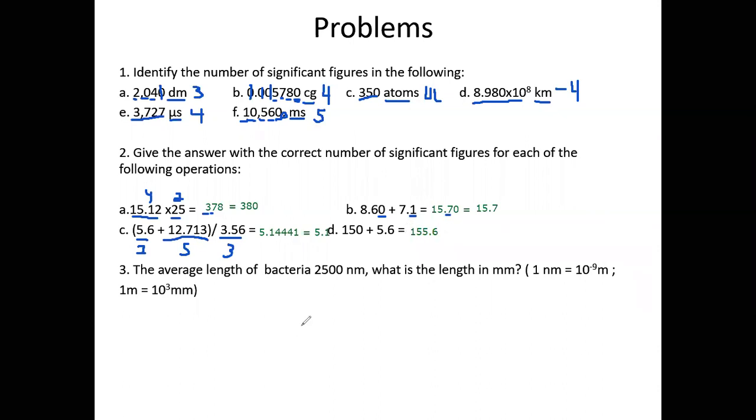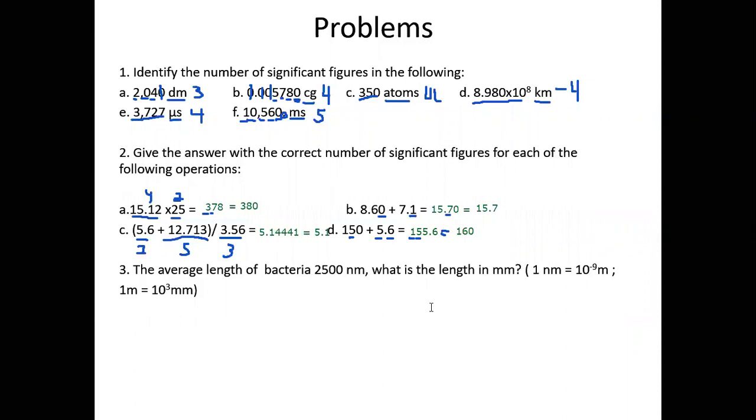Now you'll notice in our operations that the 150 only has a significant decimal place to the tens place, and 5.6 has it to the tenths place. So our answer should be rounded to the tens place. So that would give us, since after the 5 is 5.6, it's greater than 5, we round up to 160.